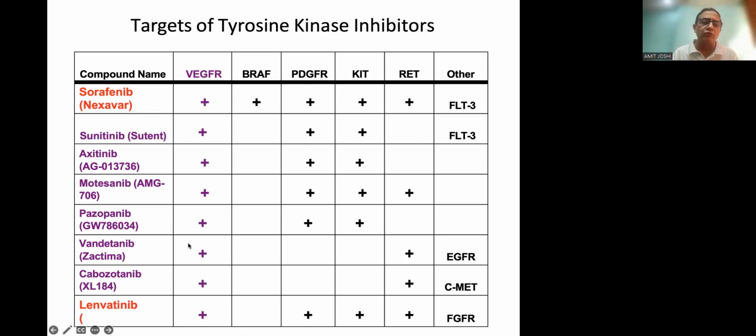But if a drug works on many pathways, will it be more effective? No. With the inhibition of many pathways comes toxicity, because sometimes these receptors are also expressed in various normal cells of the body.